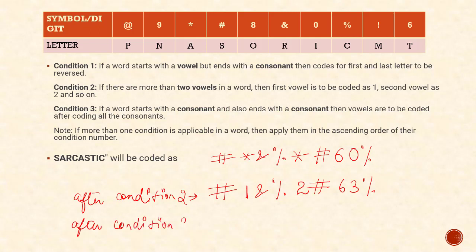So after applying condition 3, it should look like # & % # 6 %, and the codes for vowels were 1 2 3. There were 3 vowels. So this should be the code for the word sarcastic.